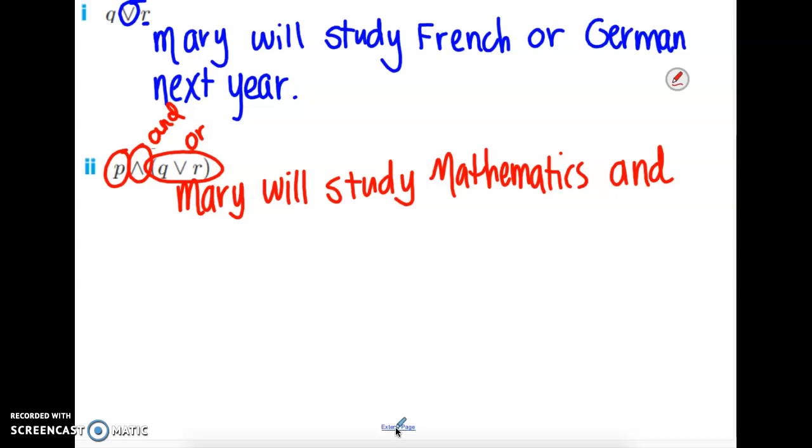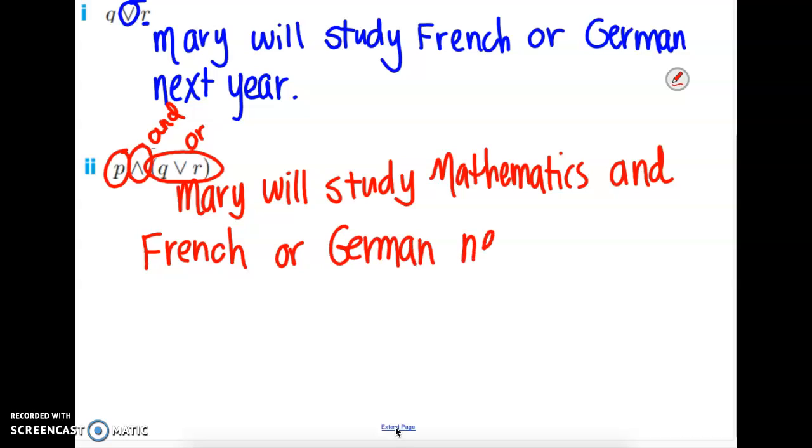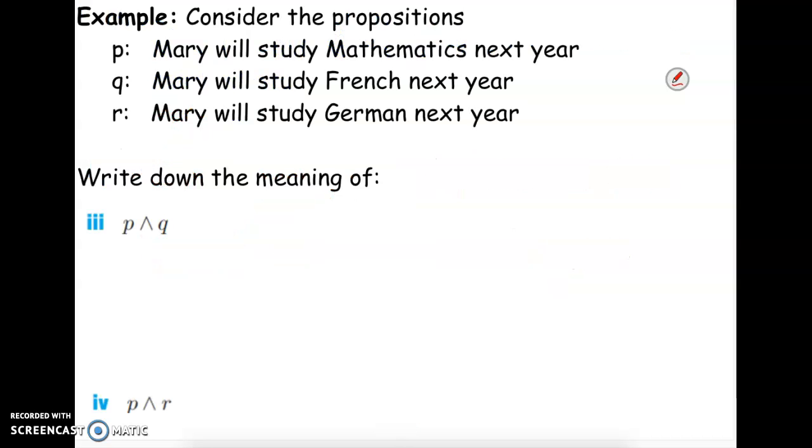And French or German next year. Continuing on, example 3. It's saying P, which P represents studying mathematics.